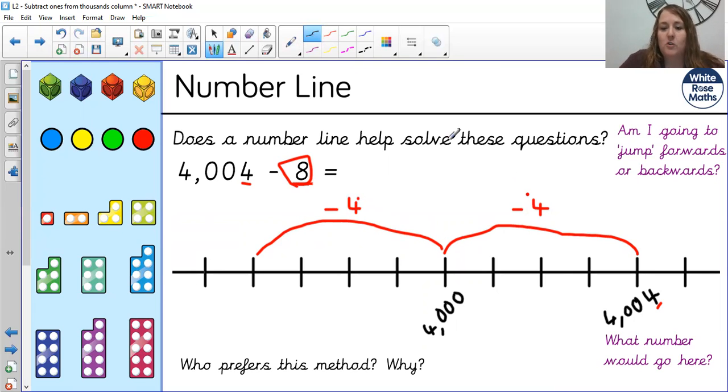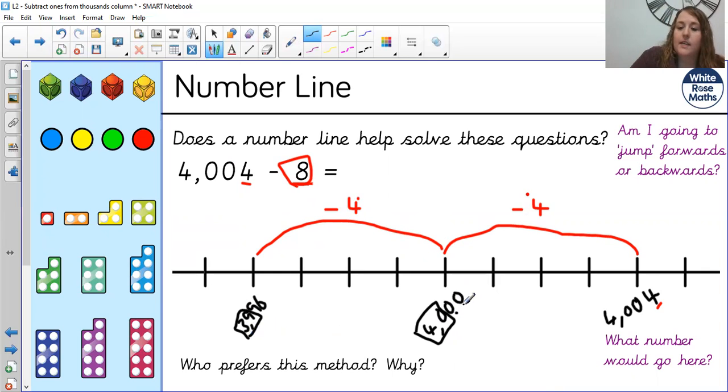Again, if you imagine those hundreds, 100 take away 4 would leave me with 96. But I had 4,000 to start with, so I know that I've had to exchange or borrow those. So my 4,000 has gone down to 3,900. It's almost imagining your 40 here has gone down to your 39, if you want to visualize it that way. 39 hundreds there, gone from 40 hundreds.